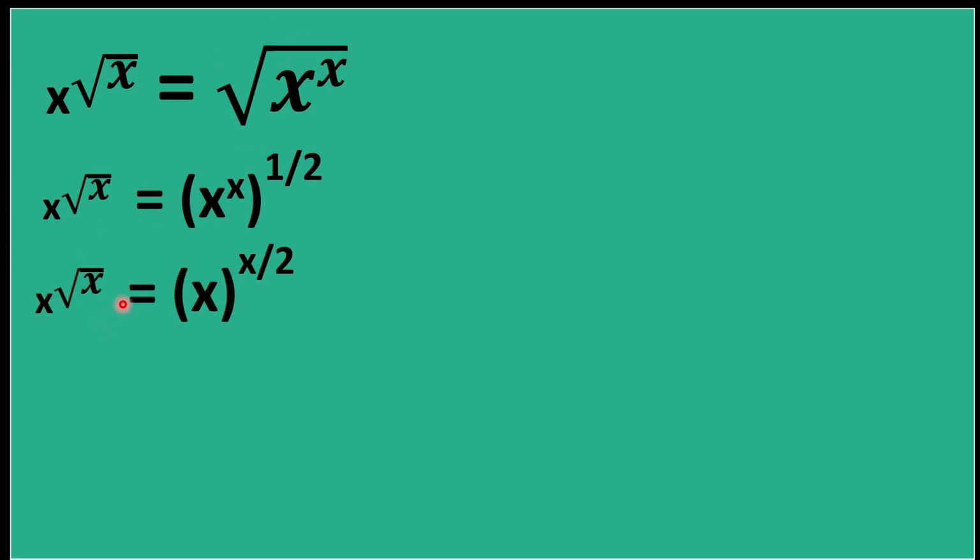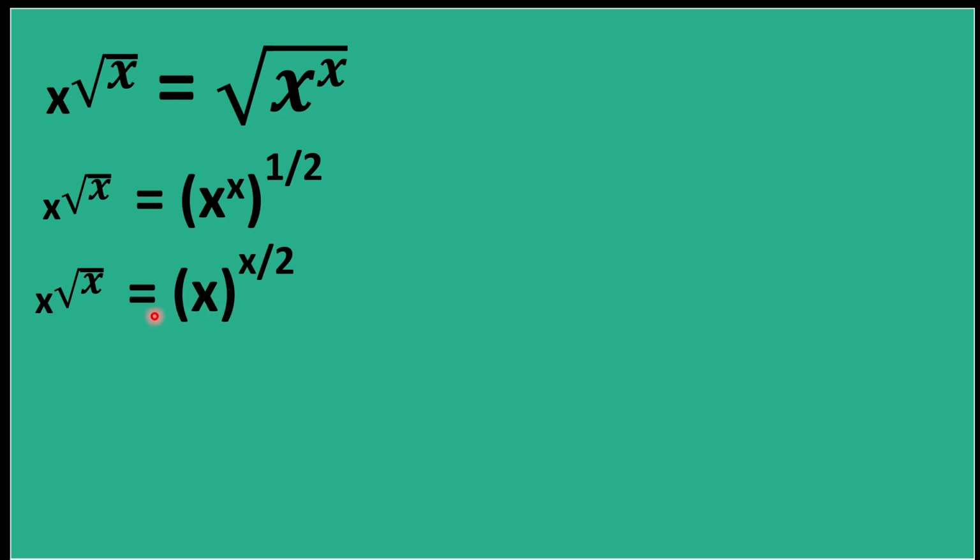And now, according to the power of power rule, we can multiply this x with this one. So overall this will become x divided by 2, power x divided by 2, and all the remaining terms will remain as such. So overall this equation will become x power square root of x, which is equal to x power of x divided by 2.